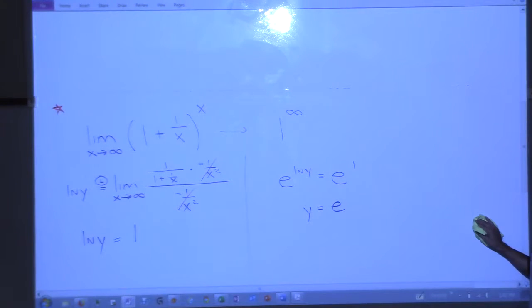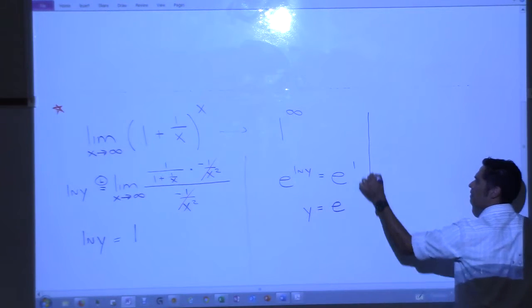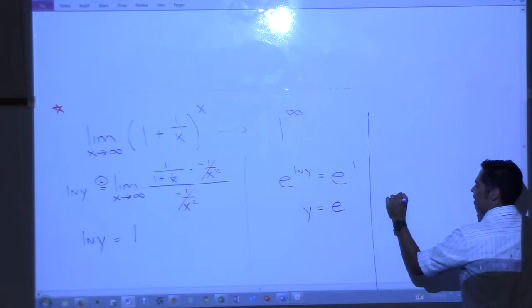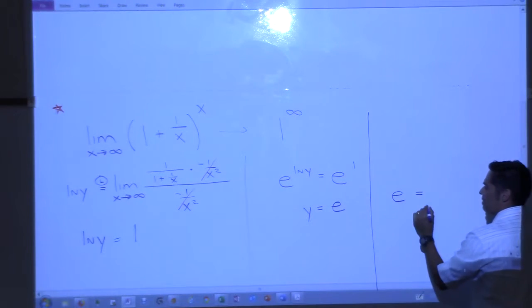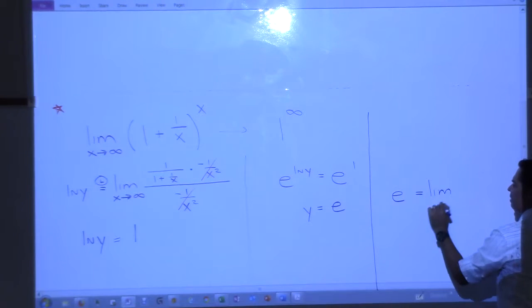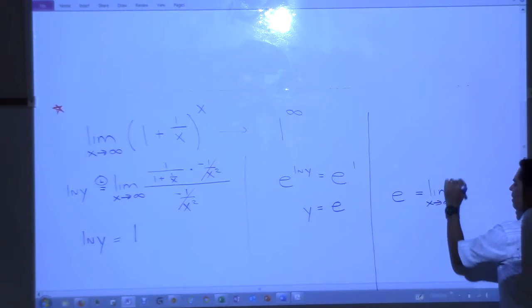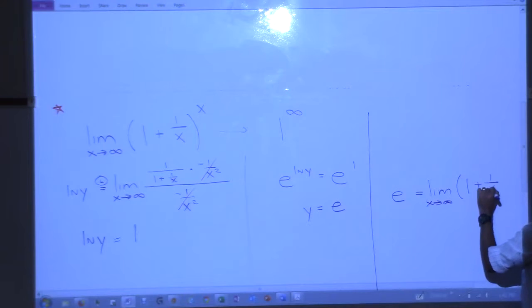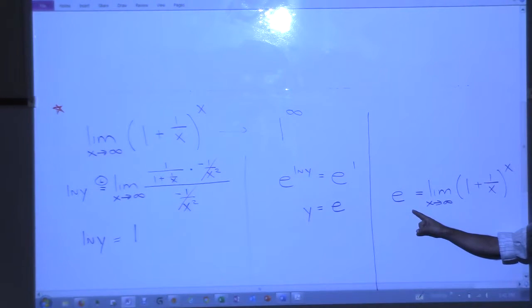So what I'm saying to you is this, that e is defined to be the limit as x approaches infinity of 1 plus 1 over x raised to the x. That's the definition of e. Like if you ever want to know what e is, that's what it is.